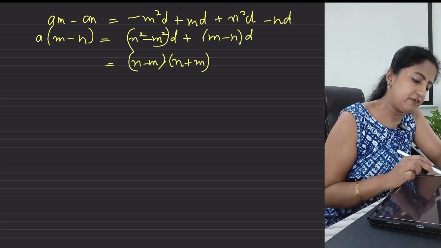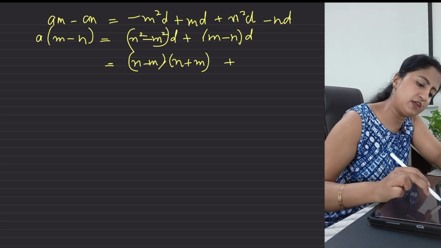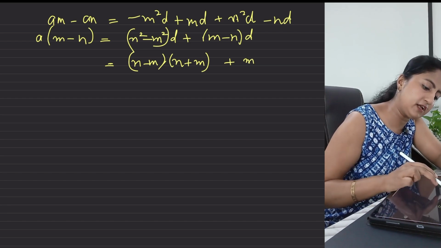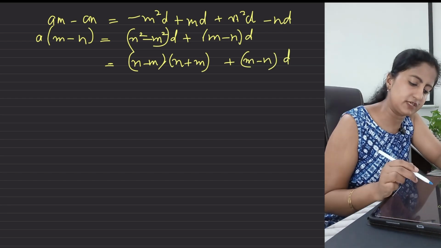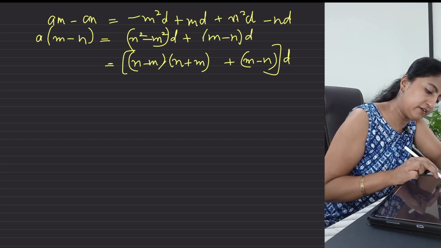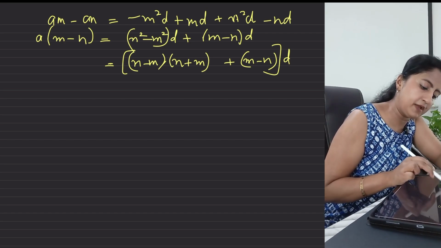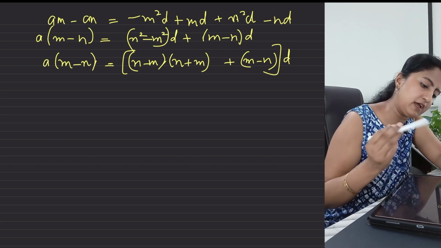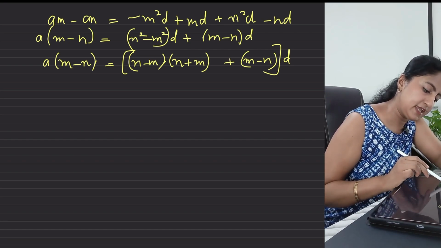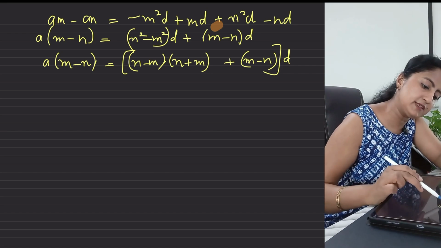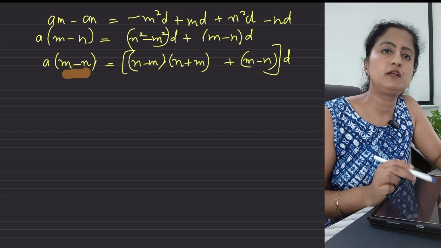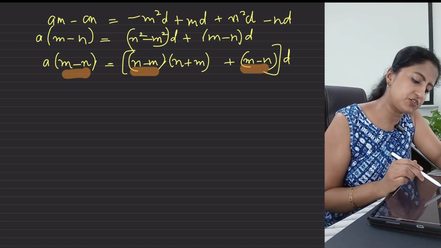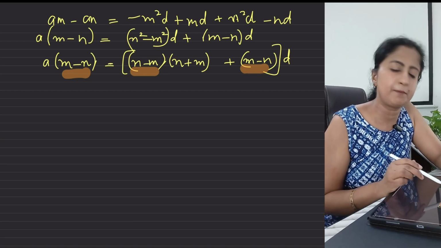Now, if you see what we have, we are leaving m minus n only over here, and d I have taken out the common element outside. On the left, we had a times m minus n. Now, if you see what we have got over here, we have got the common element as m minus n, n minus m, m minus n. But there is a slight difference that on the right hand side, the first expression is n minus m. It is not m minus n.